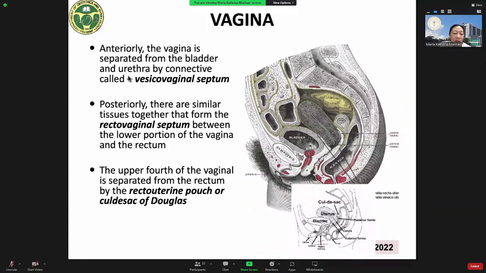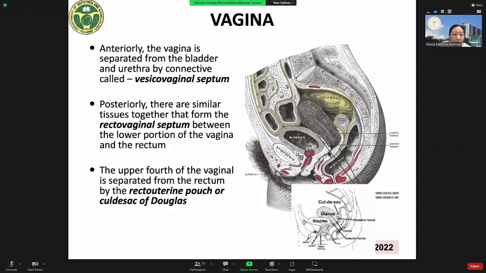As we mentioned, the vagina is separated from the bladder and the urethra by the vesicovaginal septum. Vesicovaginal septum.